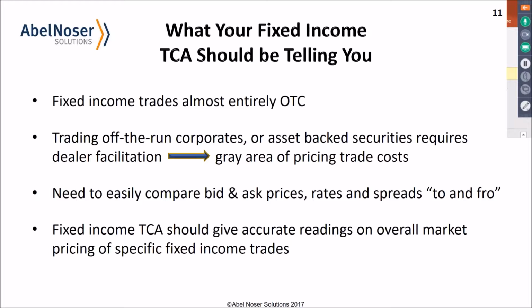Your fixed income TCA should be giving you an accurate reading on the overall market pricing of specific fixed income trades so that you know whether or not you are overpaying. And traders need to know what constitutes a fair price concession to get their trade done. They learn this by polling multiple counterparties, but also from experience in measuring from the prices they see in similar instruments.